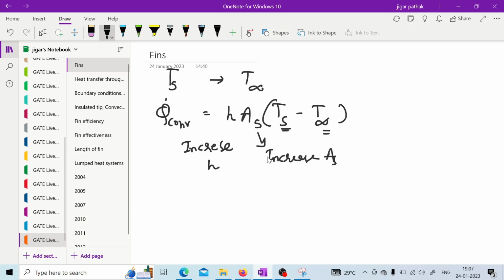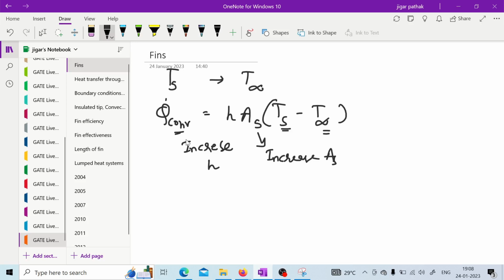Generally this increase in h is also not convenient every time, because in case of convection, if we are dealing with a gas, then the heat transfer coefficient is very less. In order to go for a high heat transfer coefficient, we need to provide some pump or some assistance.